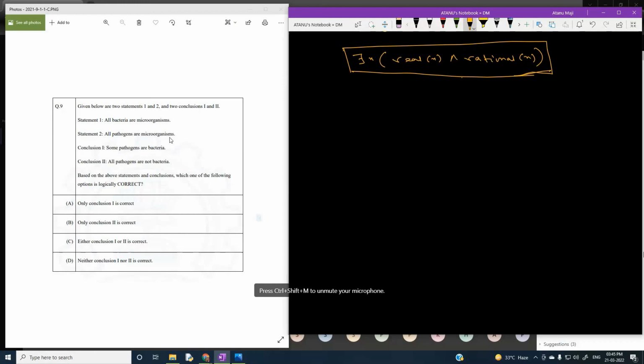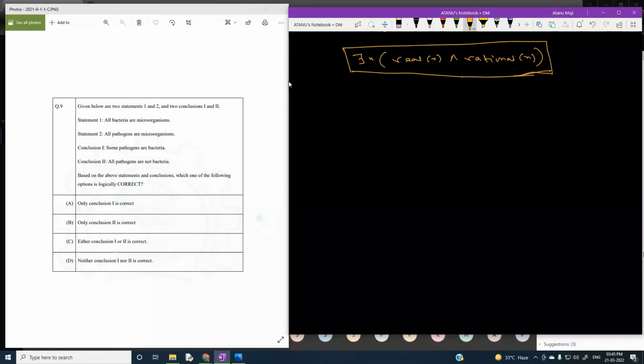Okay, just a minute. So if we write the statements in terms of their logical form, I think it may be possible to solve these problems.